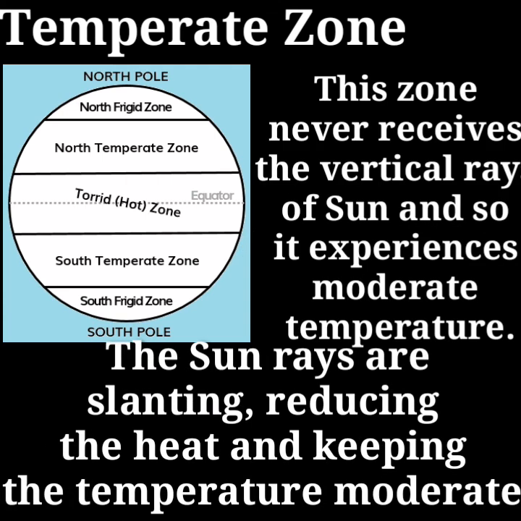This zone never receives the vertical rays of the sun, so it experiences moderate temperature throughout the year. The sun rays are slanting, reducing the heat and keeping the temperature moderate.